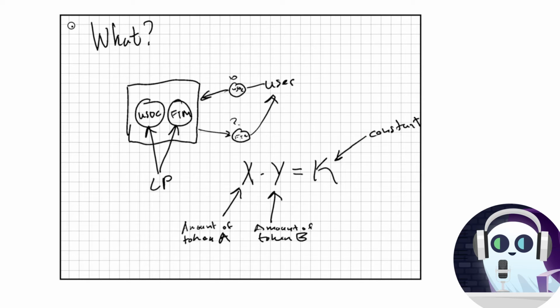That's why it's called a constant product market maker. X and Y can change, so X can go up and Y can go down, but K will always stay the same when you make a swap. I'll get into what that looks like.